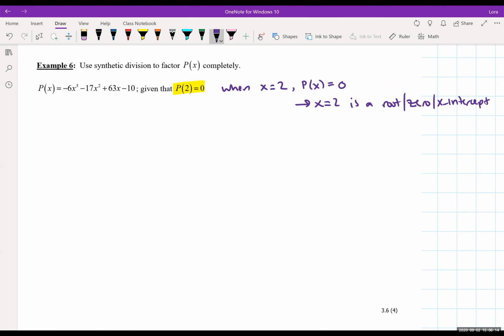Now, what's cool about this, if you know in fact that you do have a root, then you will have a factor. So by the factor theorem, this is going to tell us that x minus 2 is a factor of your P of x. That's by the factor theorem.